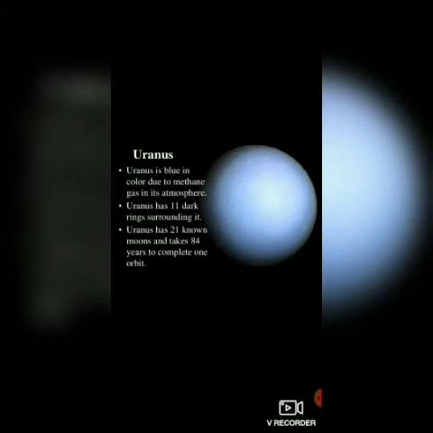It also has 21 known moons, and to complete one orbit, meaning one round around the Sun, it takes 84 years.